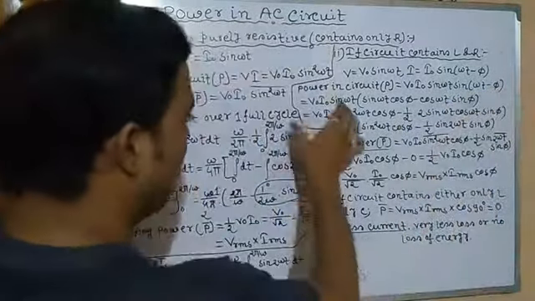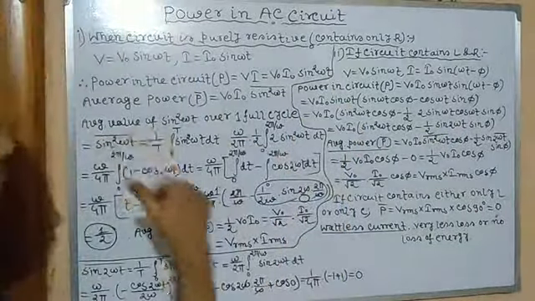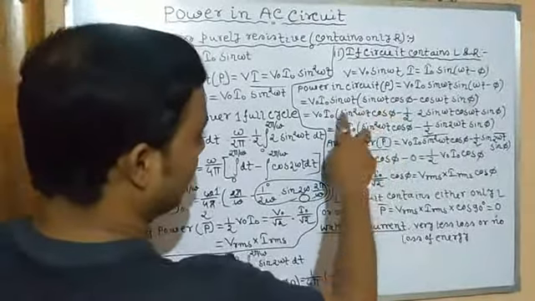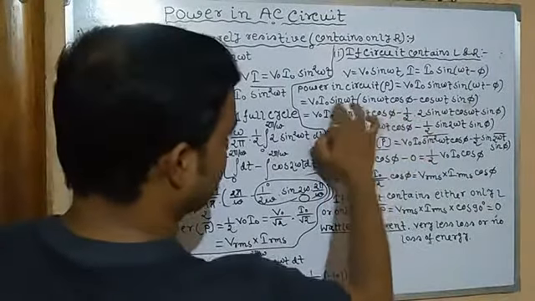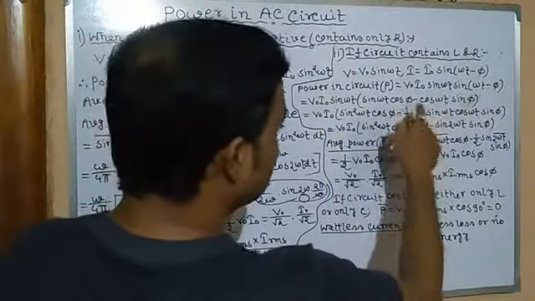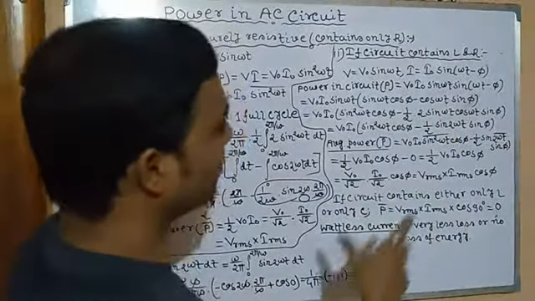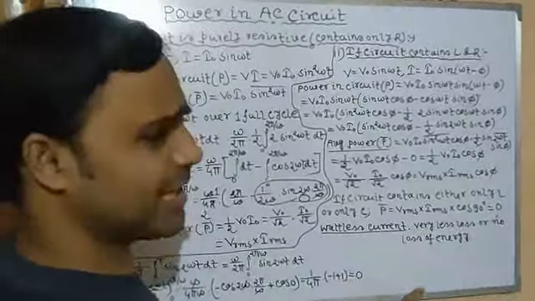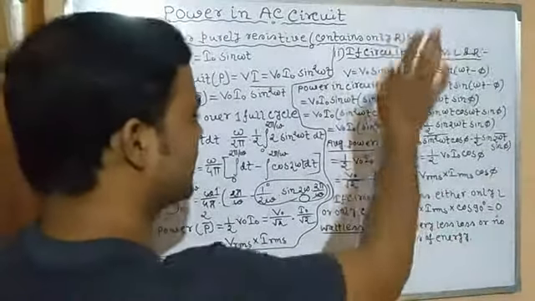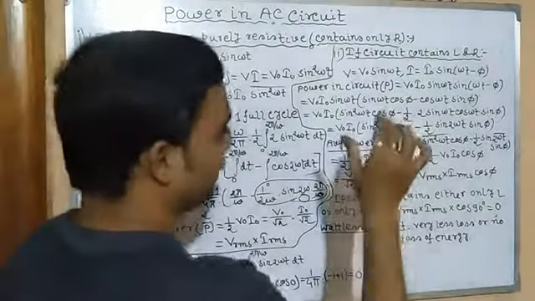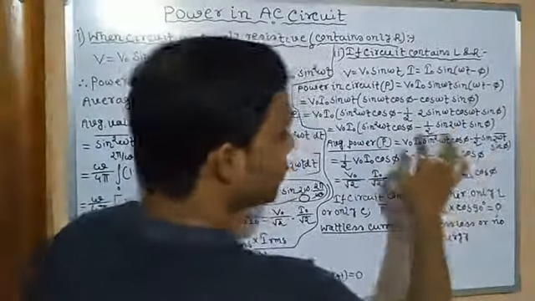Very clear. Now taking V0 I0 out, we multiply sin omega t with both terms. So sin square omega t cos phi, minus, again, terms. Then what have we done? We usually do an extra line, but I have done it in a single line, taking half into 2. Why? To get the value of 2 sin theta cos theta.